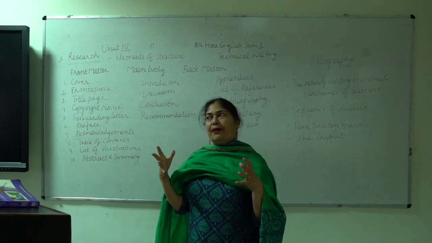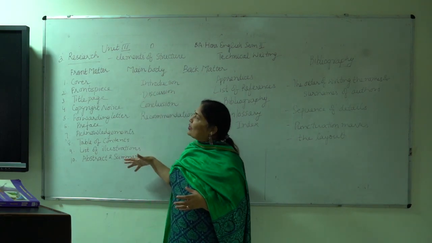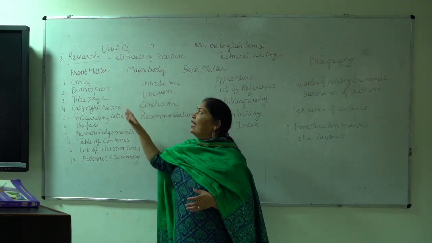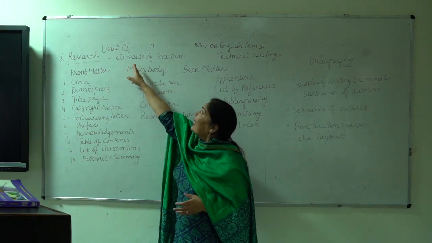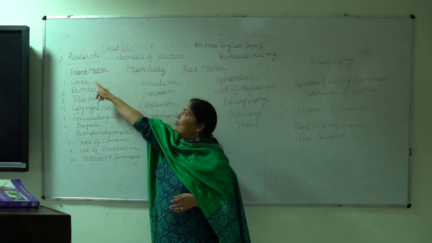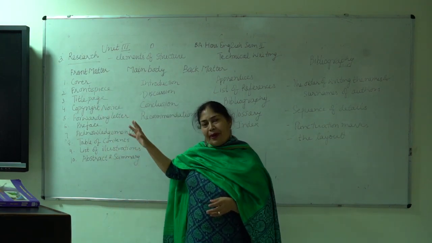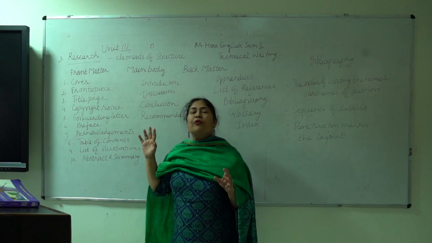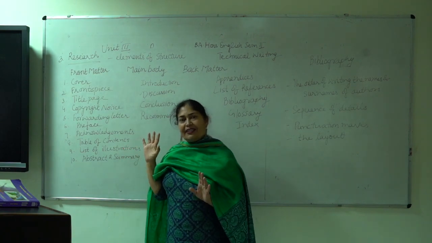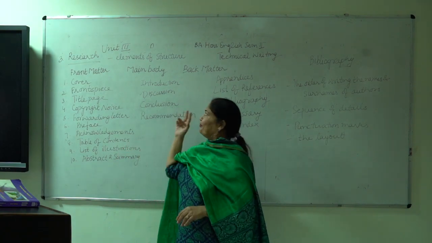Suppose in the question paper, you get this question: what will you include in the front matter under elements of research? So under the topic front matter, you will write all of these one by one and also write a few sentences about them which are there in your book.